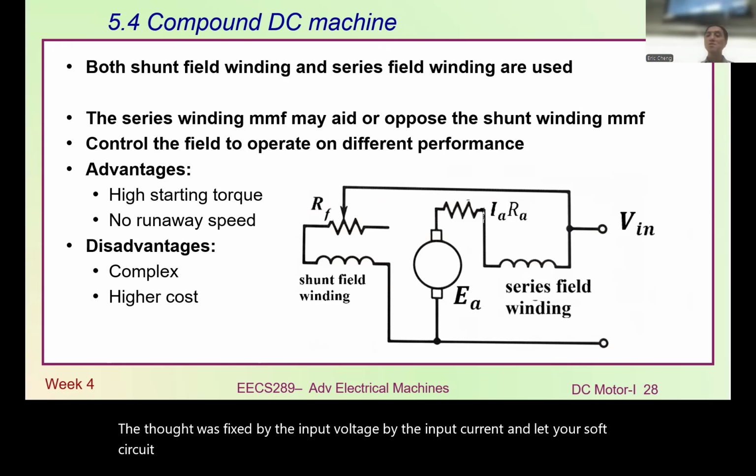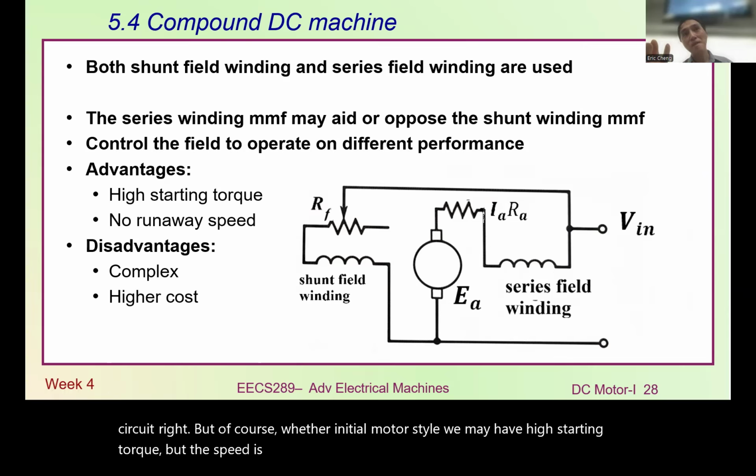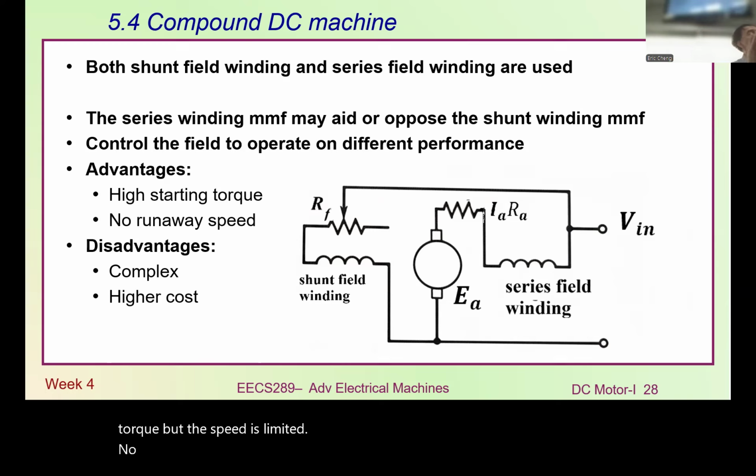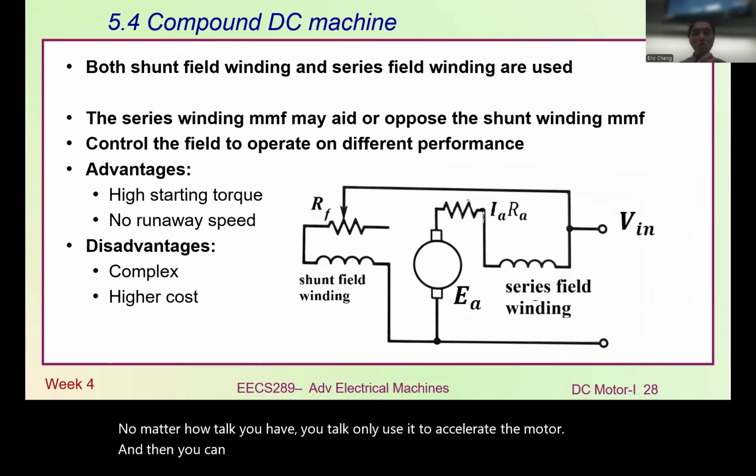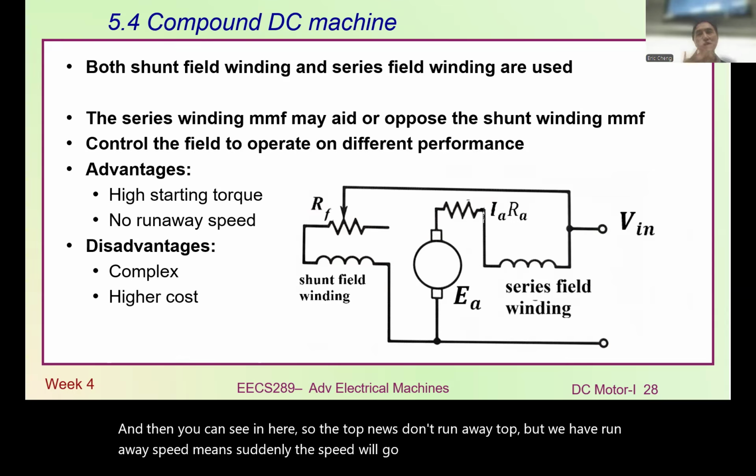Of course, when the motor initially starts, we may have high starting torque, but the speed is limited. No matter how high the torque you have, the torque is only used to accelerate the motor. So the torque usually doesn't have runaway, but we have runaway speed, meaning suddenly the speed goes haywire, to very high speed.